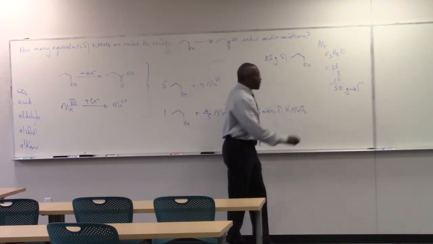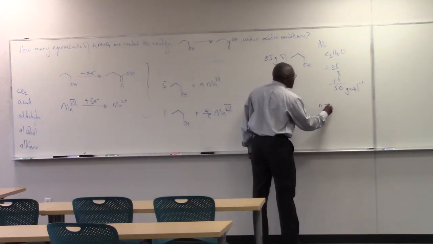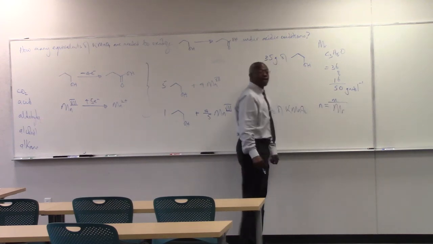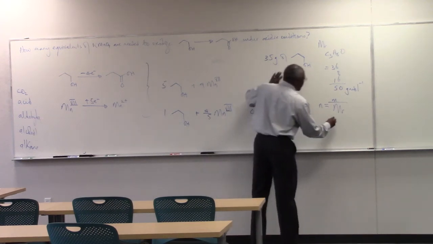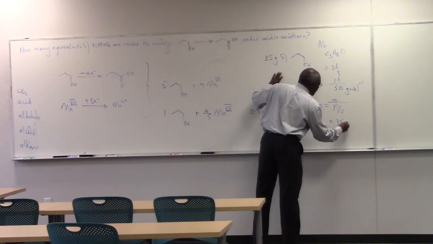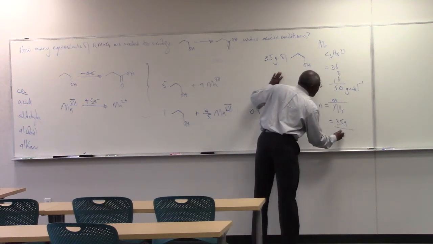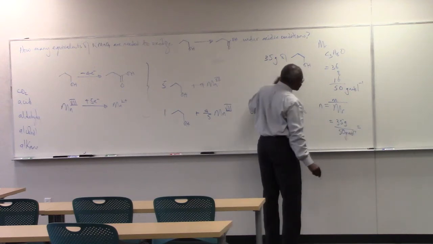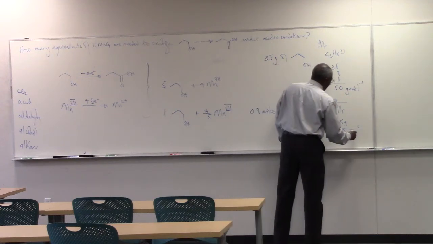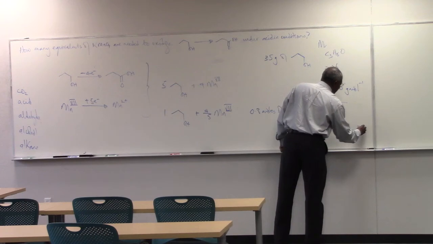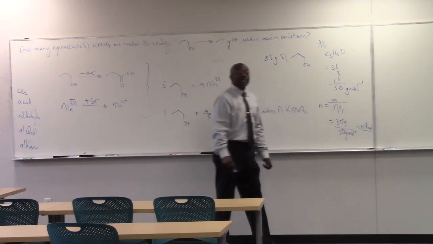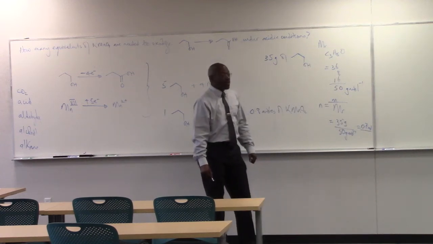If I have 35 grams, the number of moles is the sample mass over the molar mass. So I will divide 35 grams by 50 grams per mole, and that works out to be, that's actually very nice, 0.7 moles.